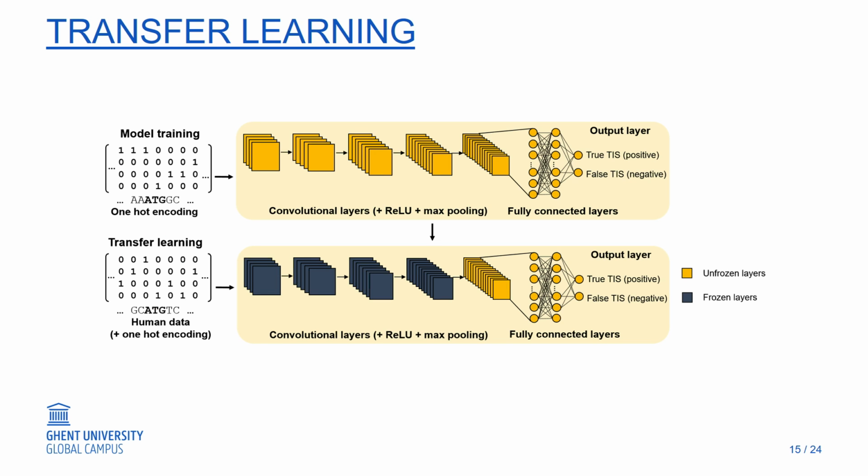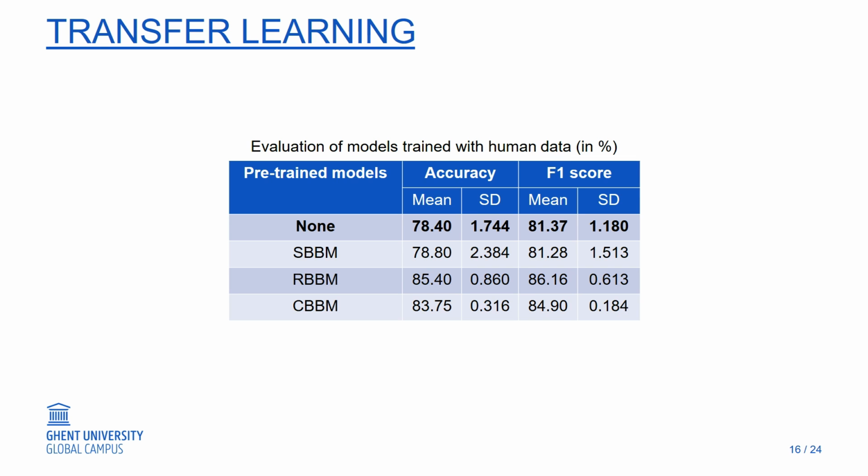Finally, we performed transfer learning. Using the 3 previously trained models, we froze some of those layers and trained on human data. Without any pre-trained models, we observed overfitting. But the use of CBBM reduced this overfitting and increased prediction effectiveness.